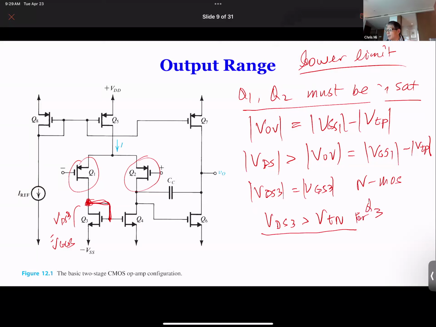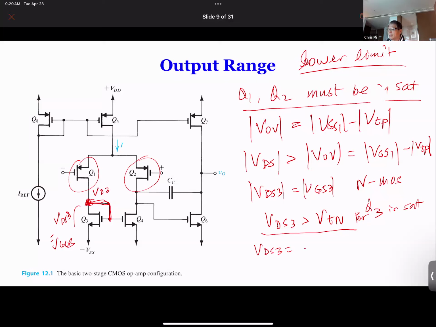For Q3 in saturation, VDS3 has to be larger than VTN. Now what is VDS3? Let's call this here VD3.